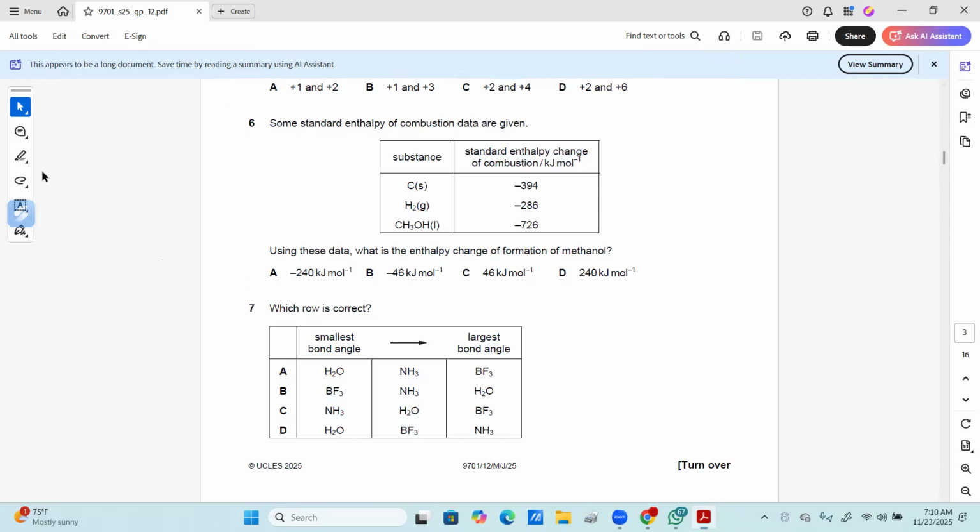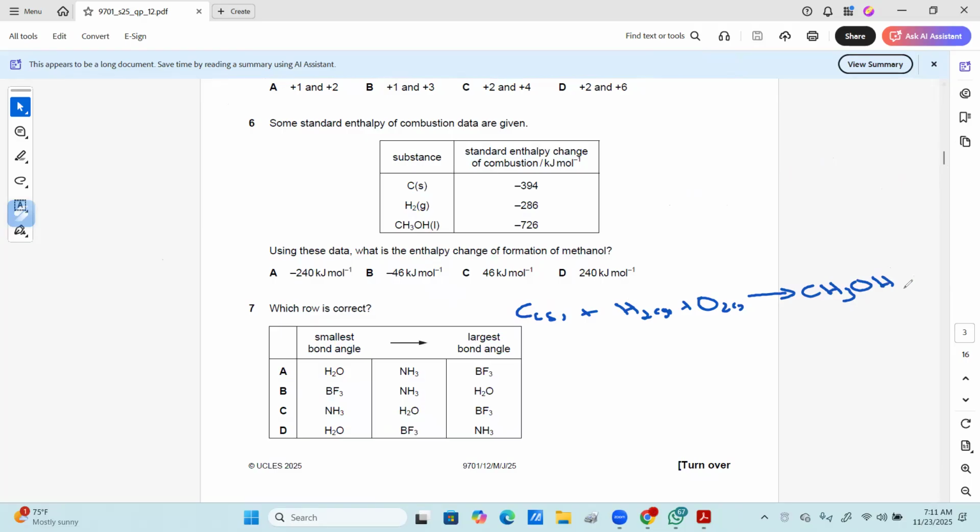Enthalpies of combustion are given. Use these data to find the enthalpy of formation of methanol. So children, according to this, I'll write the equation. Formation of methanol. The elements are, this is the equation for the formation of methanol. CH3OH. I'll write it here. Carbon, hydrogen, and oxygen, you get methanol.